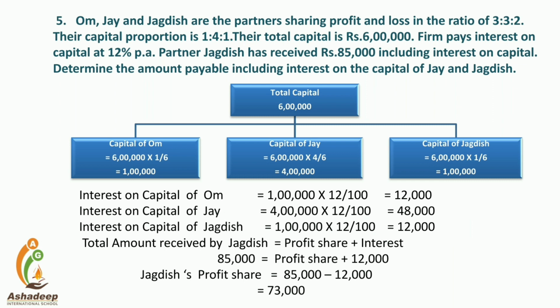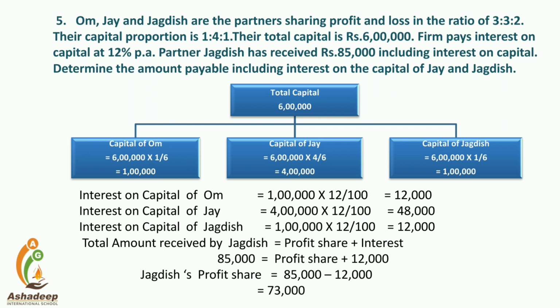Now total amount received by Jagdish including interest on capital, that we know, that is rupees 85,000. Here Jagdish has two kinds of income. The one will be profit share as he is the partner, and the second one will be the interest on capital, that we know the value of.